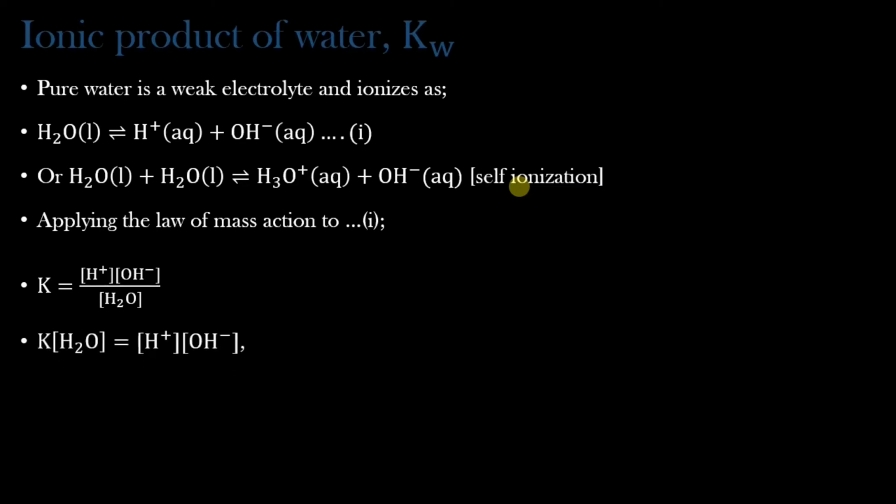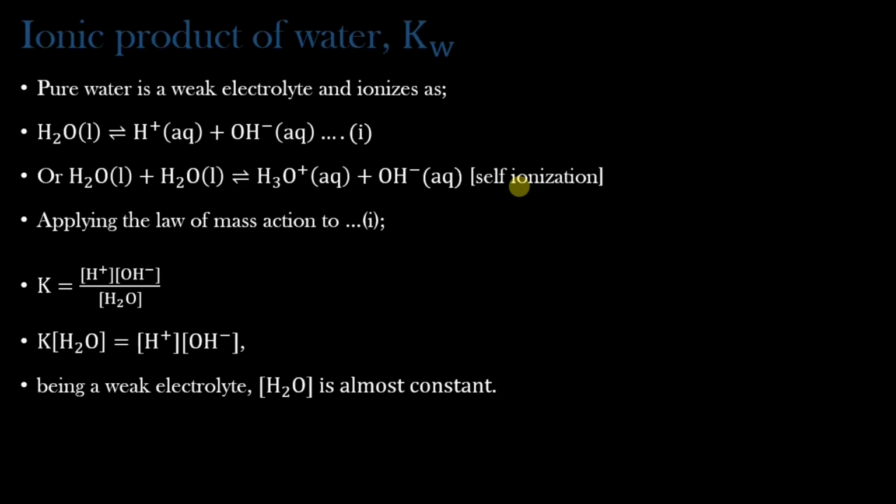So when we cross multiply this, we get K, the equilibrium constant, multiplied by the molar concentration of water, giving us the product of the molar concentration of hydrogen ions and the molar concentration of the hydroxyl ion. We take that assumption: water is a very weak electrolyte and the extent of ionization is very small, so water almost remains at the same concentration as at the start.